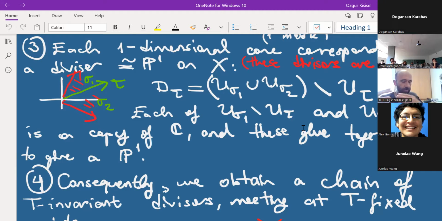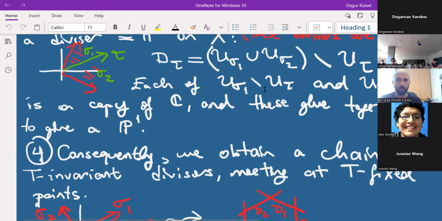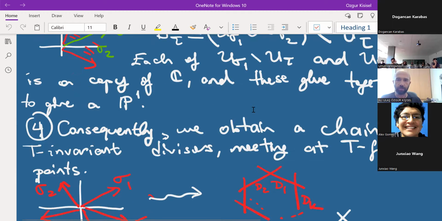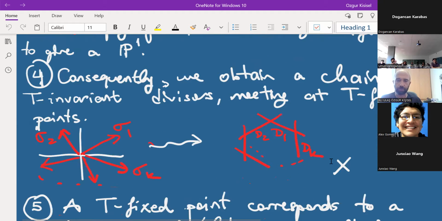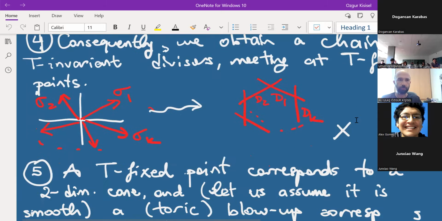So if you take the difference, that's like C cross a point, so it's a copy of C. These two copies of C glue together nicely to give you a P1. Consequently, if you do this for all one-dimensional rays, you get a chain of T invariant divisors, and their meeting points are T fixed. This is the typical picture that we see. For each of these you have a divisor. They just meet in a chain, and the intersection points are T fixed points.